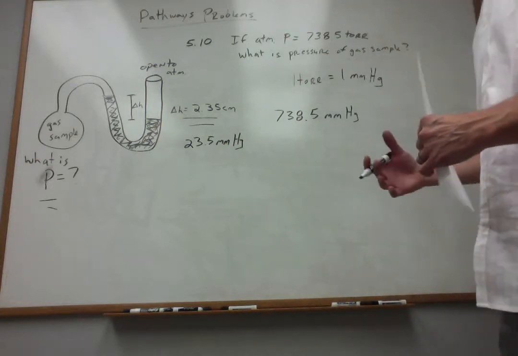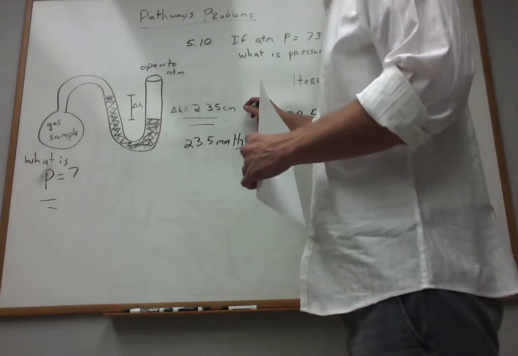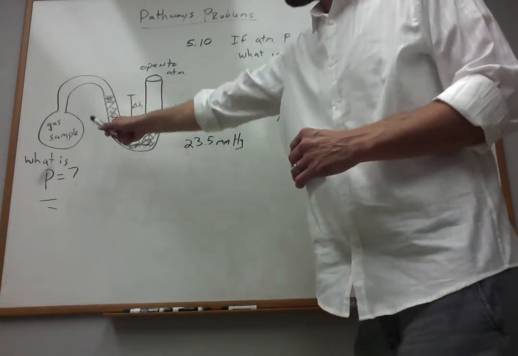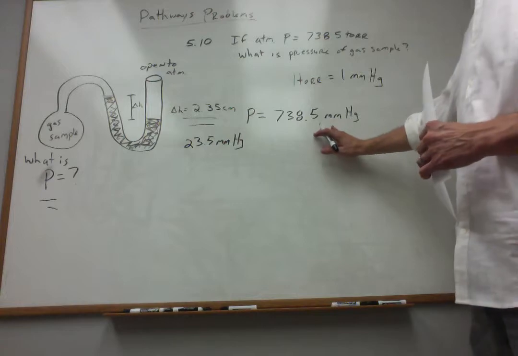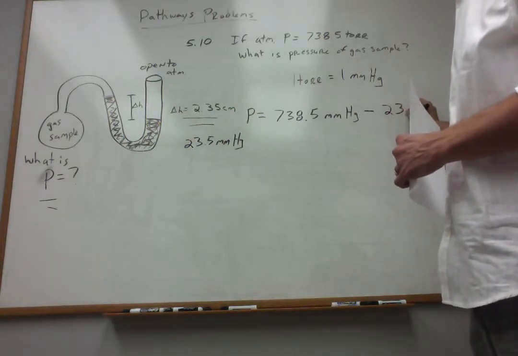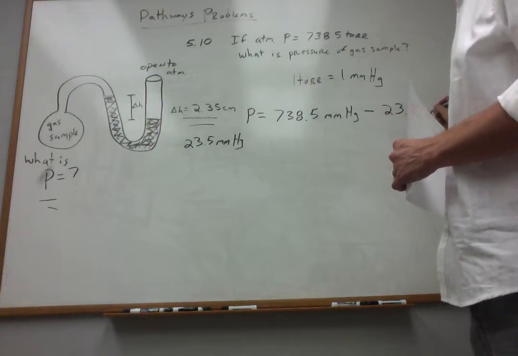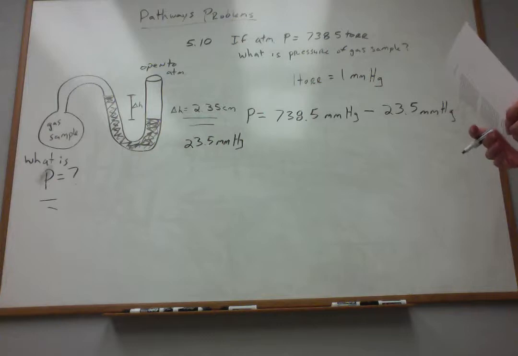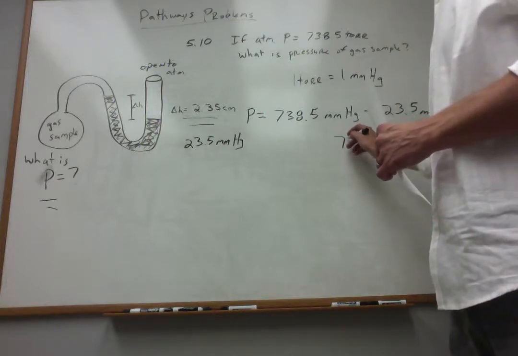So hopefully you can see where I'm going with this. The pressure of the gas inside this chamber is the atmospheric pressure minus the difference in fluid level. They both have the same units, so we're allowed to do this.